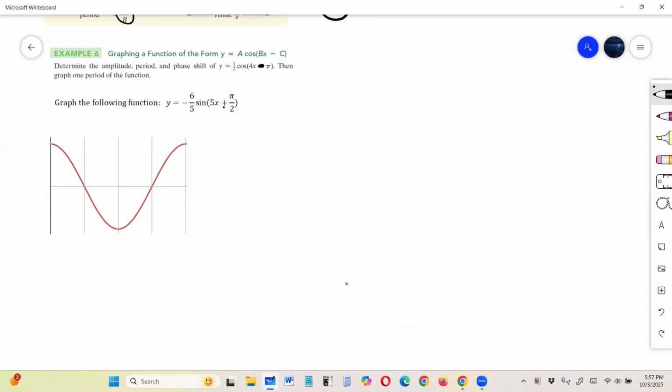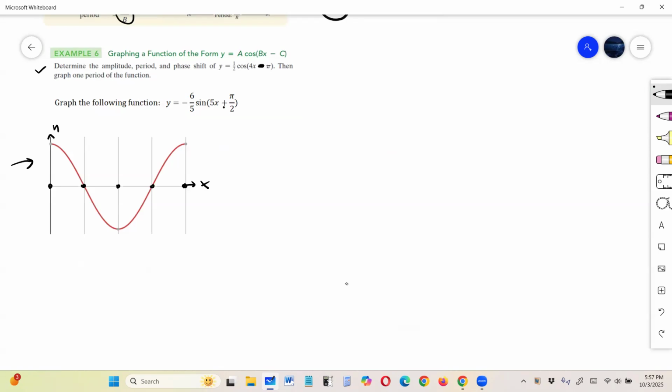So let's do example 6. First function is cosine now. So the cosine is going to look like this. Okay. So you have to remember what the cosine looks like. And you're going to graph, this is the y-axis, this is the x-axis. And you're going to graph it from here, the origin, and we're going to relabel the origin with whatever value we get.